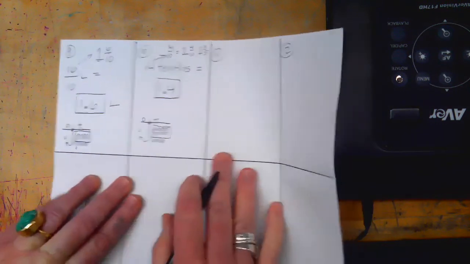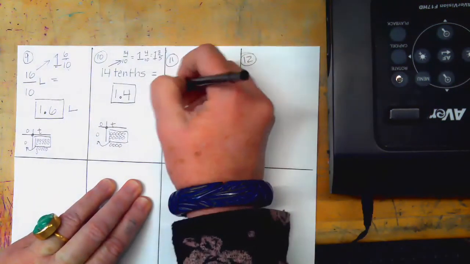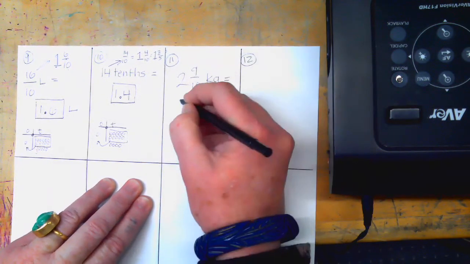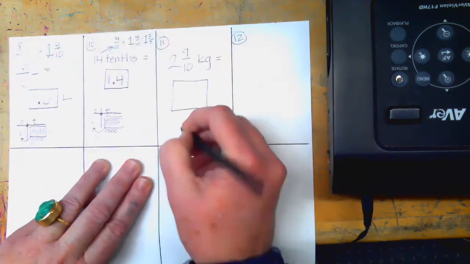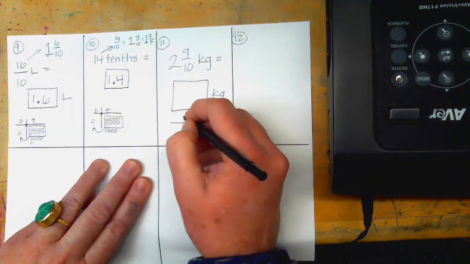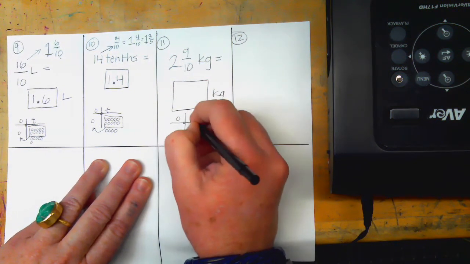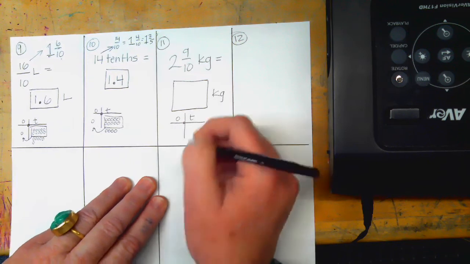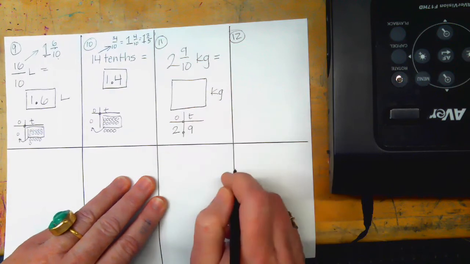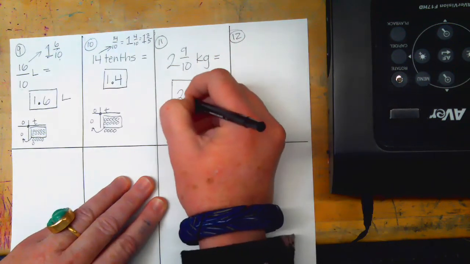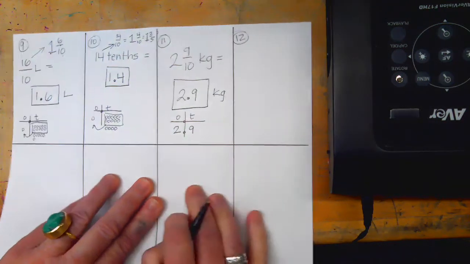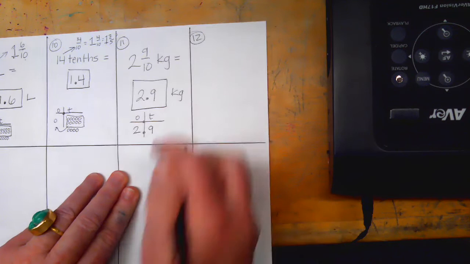Okay, let's look at number 11. We have 2 and 9 tenths kilograms, and that's going to equal... we have our little chart here. We have ones and tenths. If we have 2 and 9 tenths, that looks like this, 2 and 9 tenths. That one was easy. Okay, next one's not too bad either.